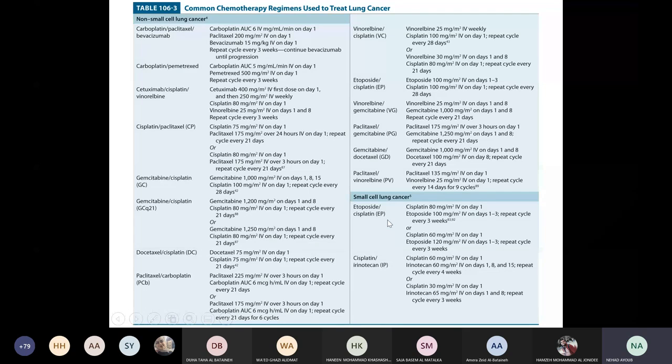So if a patient comes with limited disease or even extensive small cell lung cancer, the chemotherapy of choice is EP, etoposide cisplatin. IP could be an alternative to EP. IP treatment is not usually the first option. However, if EP is not available or the patient did not tolerate etoposide, we can try IP.